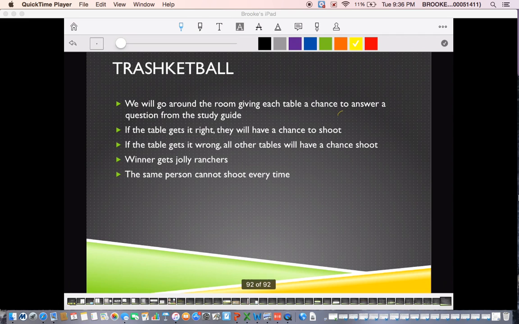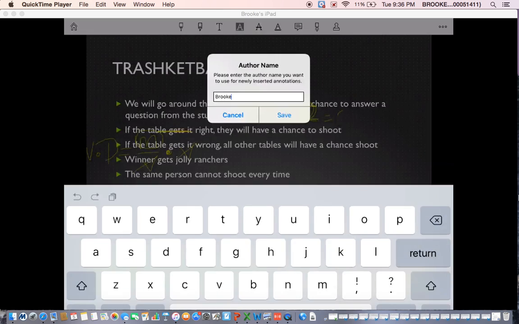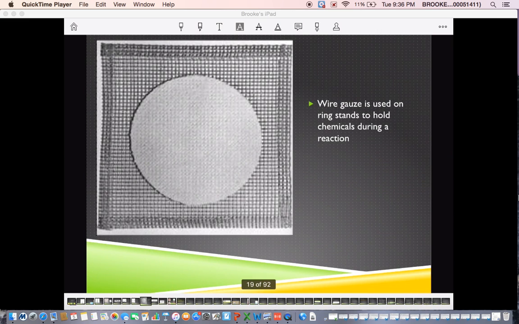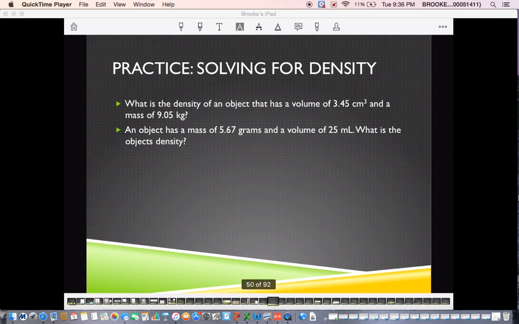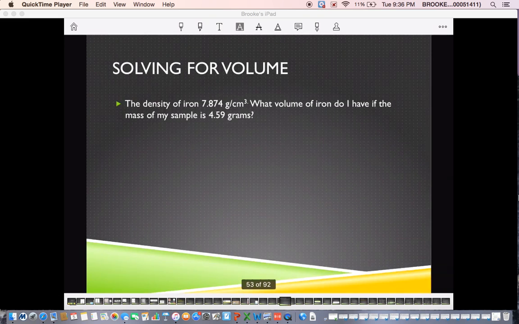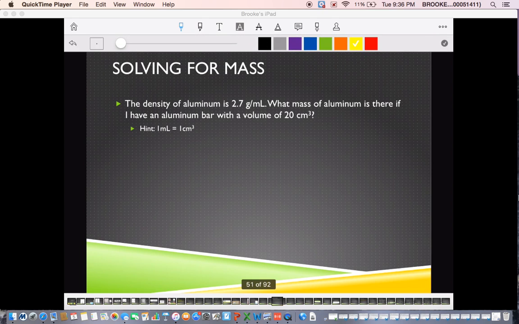So this volume of 20 centimeters cubed is just 20 milliliters. I did something that I didn't mean to do, so let me get us back to the right slide. All right, so we just decided that 20 centimeters cubed is equal to 20 milliliters.